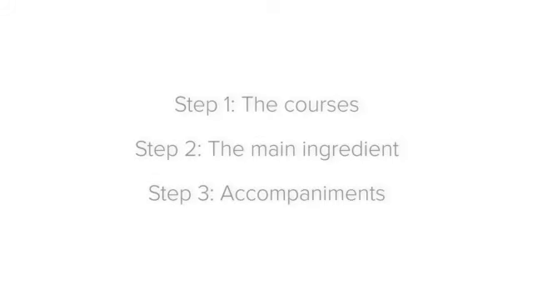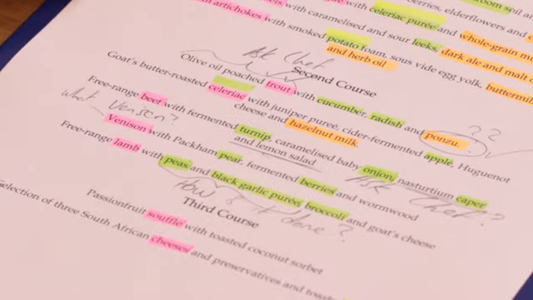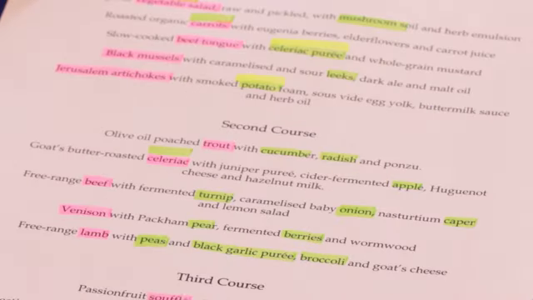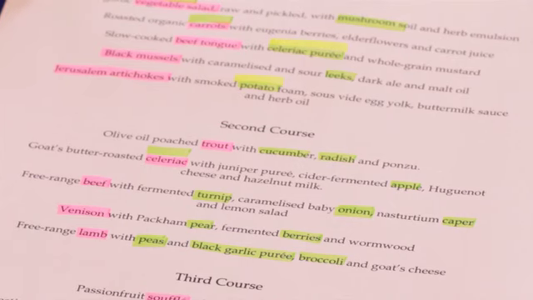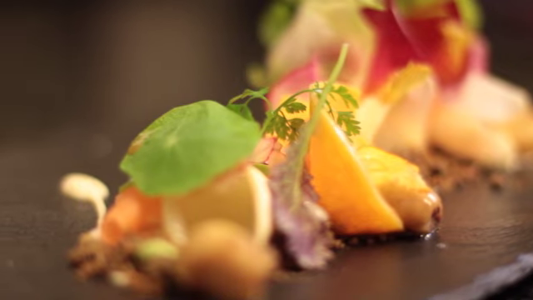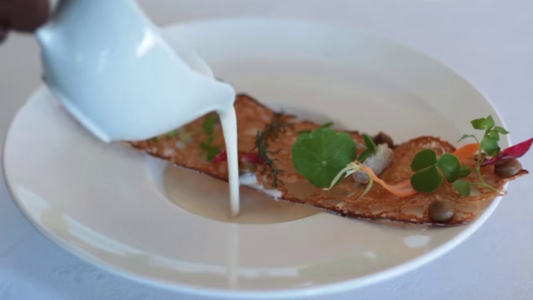Let's finish off with Step 3, the accompaniments. Now we know which dishes fall into each of the courses, and we also know what the main ingredient is for each dish and how it is cooked. So, now we need to learn the rest of the dish.